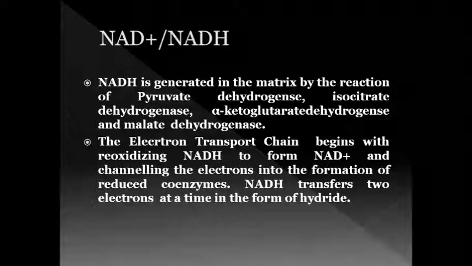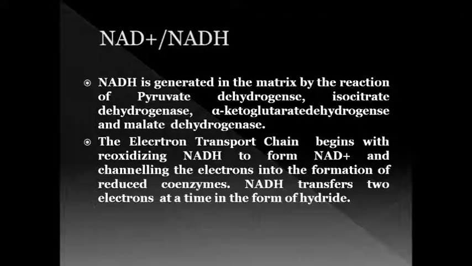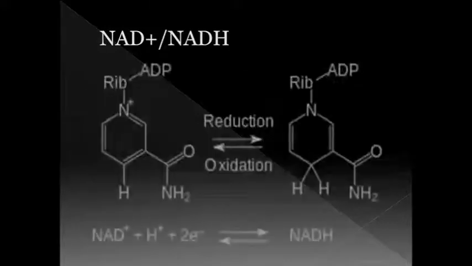The electron transport system begins with reoxidation of NADH to form NAD plus and channeling the electrons into the formation of reduced coenzymes. NADH can transfer two electrons at a time in the form of a hydride. NAD can accept electrons and hydrogen from a reduced substrate, and these are carried on the nicotinamide ring.